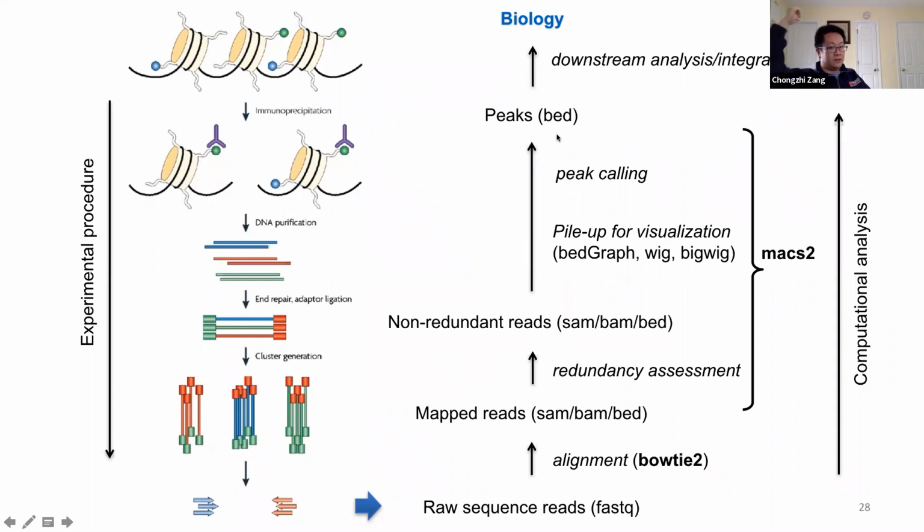This assumes that in a genome as big as human or mouse, for any histone modification or any transcription factor, there are usually at least thousands of peaks that can be identified, or thousands of locations in the genome that have protein-DNA interactions. Usually it can be more, and in rare cases it can be fewer.